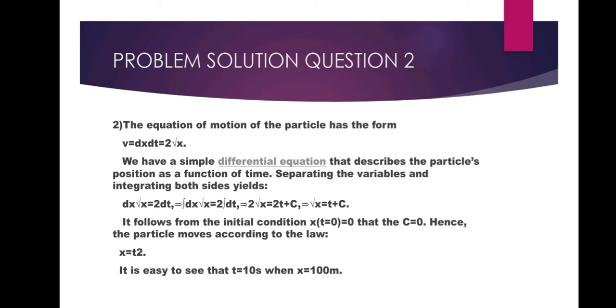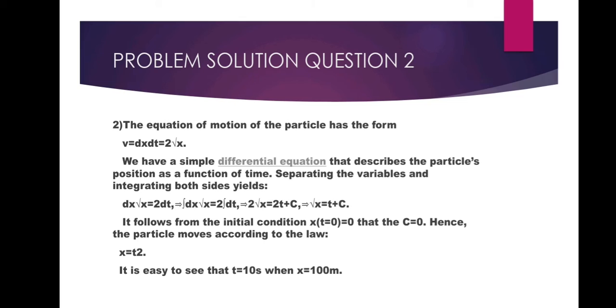Separating the variables and integrating both sides yields dx over square root of x equals 2 dt, so we integrate dx over square root of x equals 2 and integrate dt, which gives 2 square root of x equals 2t plus c, and it goes to square root of x equals t plus c.